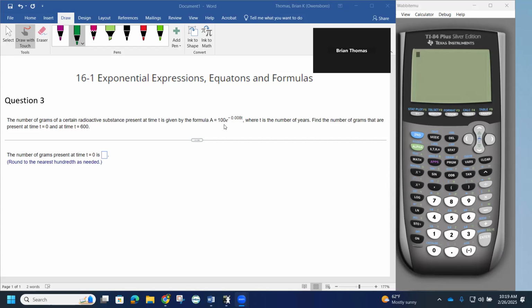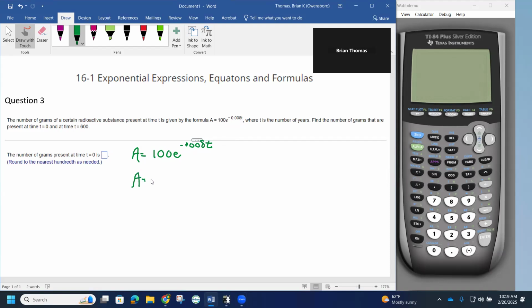So we have this formula, 100 times e to the negative 8 thousandths t. All they're wanting us to do is determine the number of grams present at t equals 0. So using this formula, A equals 100 times e to the negative 0.008t, what they want us to do is change the time to 0.